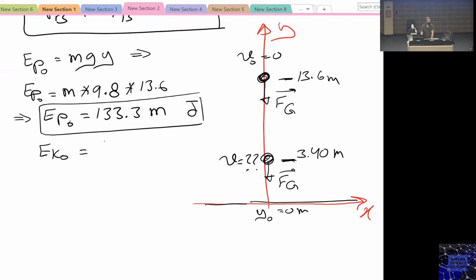What about the kinetic energy right up there? 0, right? Because the speed is 0, so this is 0.